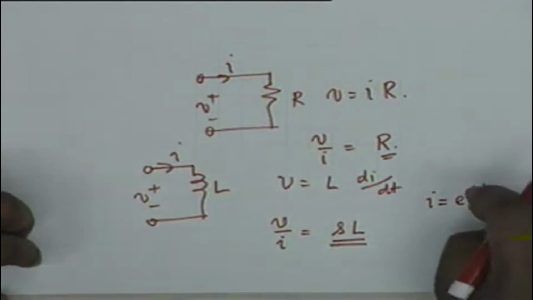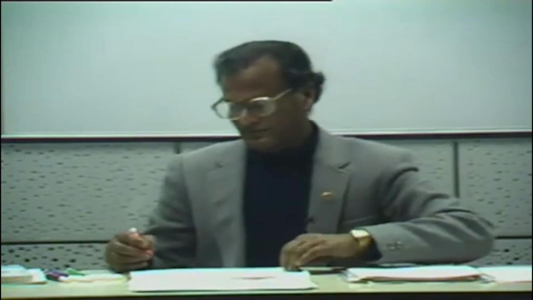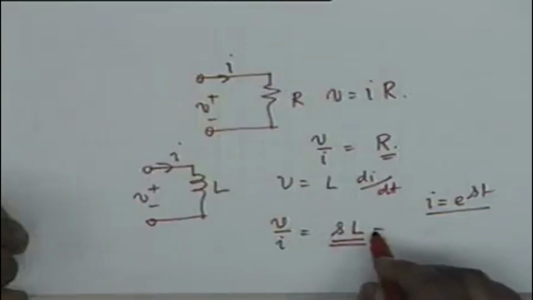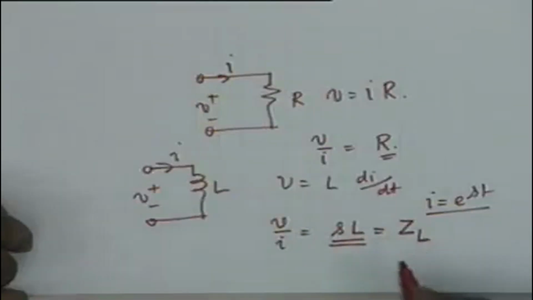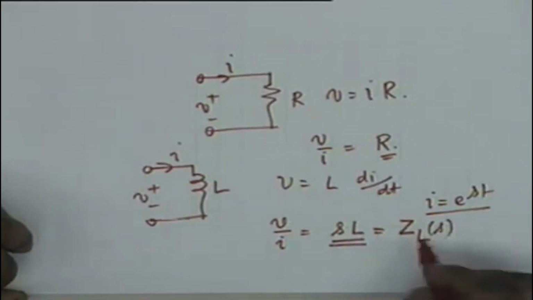So in general small s is a complex frequency. Real frequency is a special case of a complex quantity. Isn't that right? So if you view life as complicated, this is the most general situation. If you take the imaginary part out, life becomes simple. So s is a complex frequency, and the impedance of an inductor Z_L(s) is equal to sL.